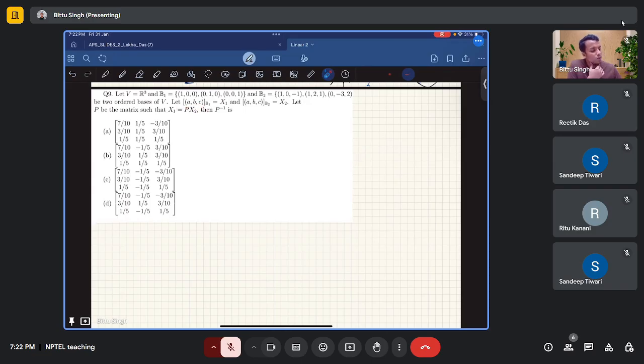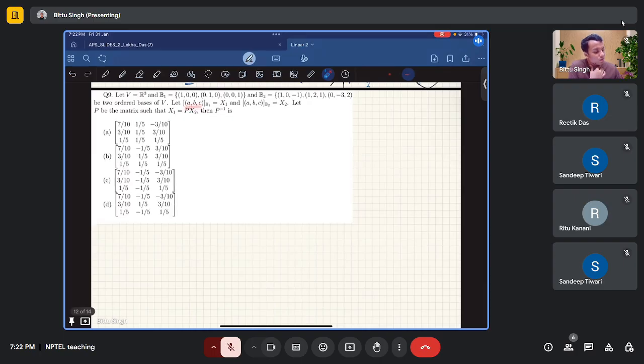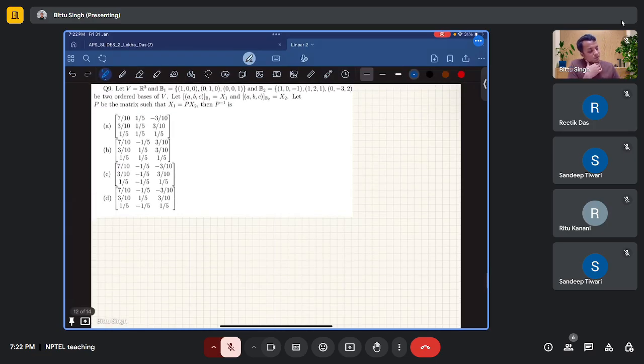Now we are writing the coordinate of ABC with respect to basis 1 and the coordinate of ABC with respect to basis 2. Then the question is, x1, that coordinate, can be written as P times x2. Then what is the value of P inverse? So let us solve this.